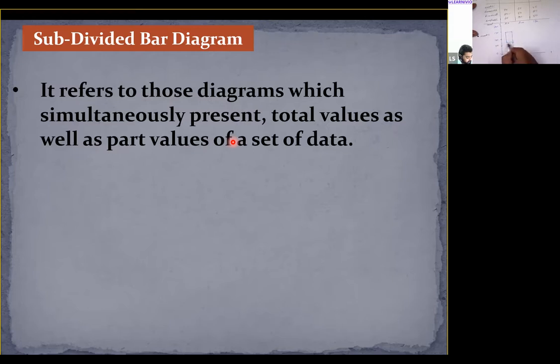Till this point, this entire area indicates the marks scored in economics, and this entire area in the check shade indicates the marks scored in accounts. All right. So basically this is 70 and this is 80.